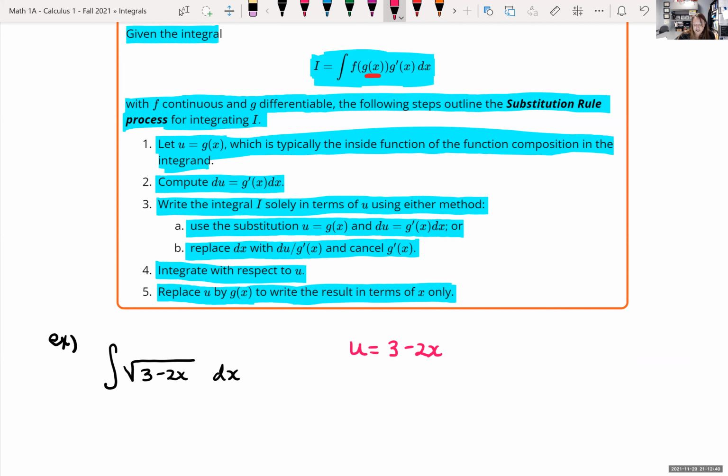So let's differentiate both sides of our equation. The derivative of u is du equals the derivative of 3 minus 2x, which is negative 2 dx. And then we want to solve for dx. We divide both sides by negative 2, and we get dx equals du divided by negative 2.